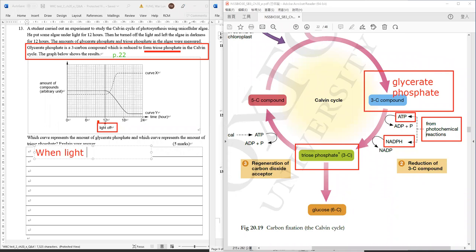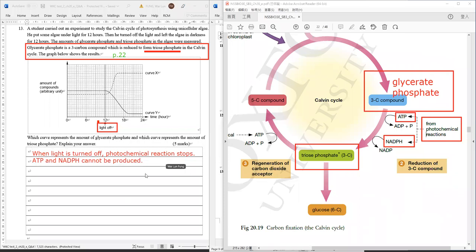When light is turned off, the photochemical reaction stops. So ATP and NADPH cannot be produced. This is a very key part of your model answer.